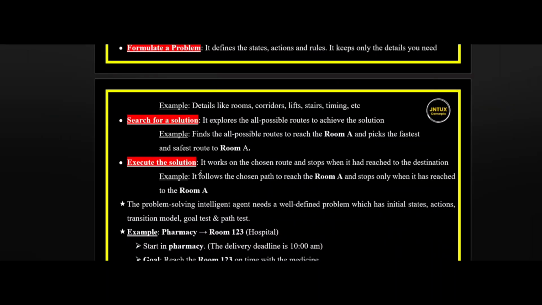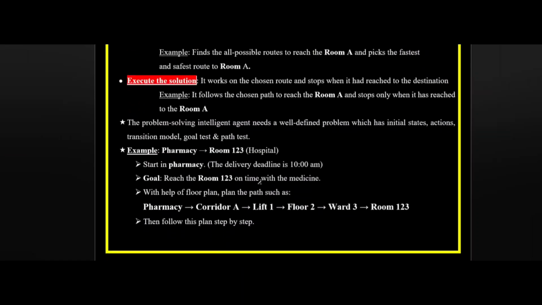For the same example, it follows the chosen path to reach room A and stops only when it has reached room A, and it also has to reach room A by 10 a.m. The problem solving agent needs a well defined problem which has an initial state, actions, transition model, goal test, and path cost. Without these, the problem solving agent can still reach the destination, but the efficiency, the outcomes, and the performance are not up to the mark.